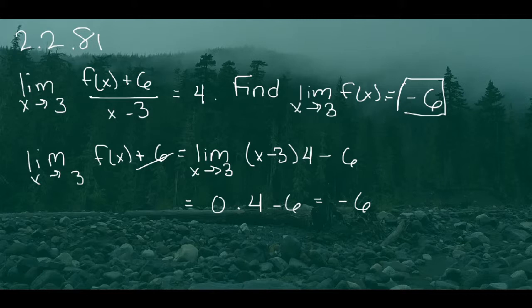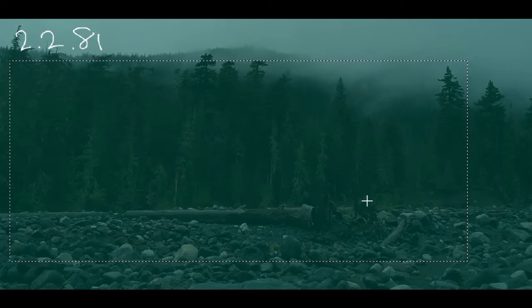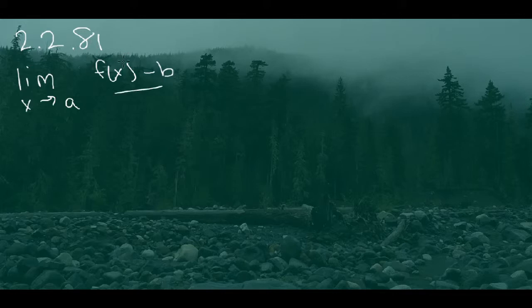So in general, if I look at this differently, let's say I just have, and I'm going to put in arbitrary constants now for what used to be constants, the limit as x goes to a of (f(x) - b) divided by (x - a) is equal to some constant c.